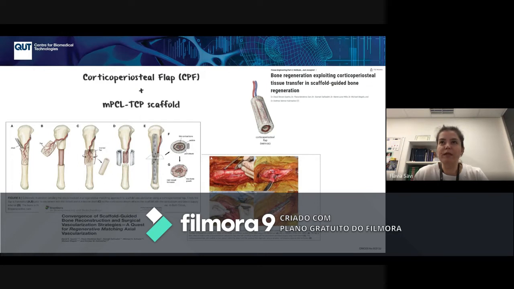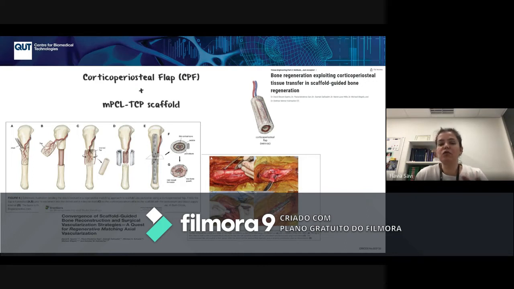And for example, with the use of the BMP, the bone growth factor, you need to have something to hold it, as I said. In the first study, we used alginate to hold the drug on the scaffold. And in the second study, we used PRP to also hold the growth factor inside the scaffold.